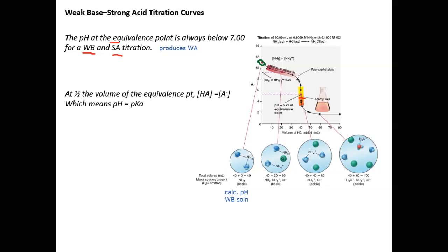So the equivalence point is always below 7 because this reaction produces a weak acid. Between the initial pH and the equivalence point, you're going to use the Henderson-Hasselbalch equation, the HH equation.